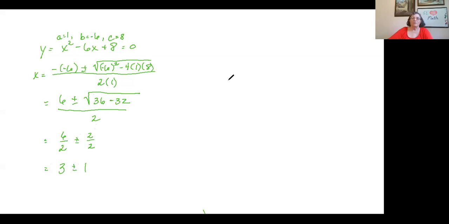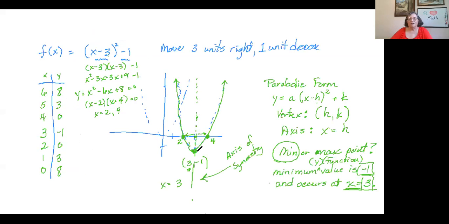Notice from the other page that the 3 is where the vertex is. 1 is the distance the x values are from the axis of symmetry. So this point is actually 3 plus 1. This point is 3 minus 1. Here's the point I'm trying to make.